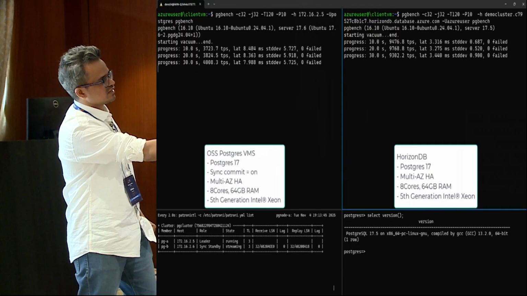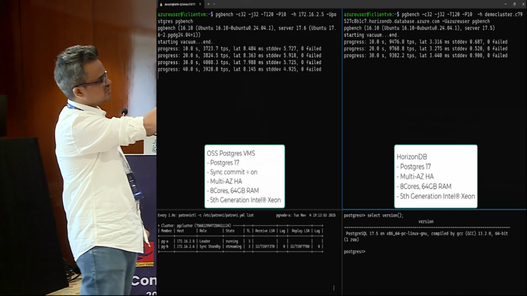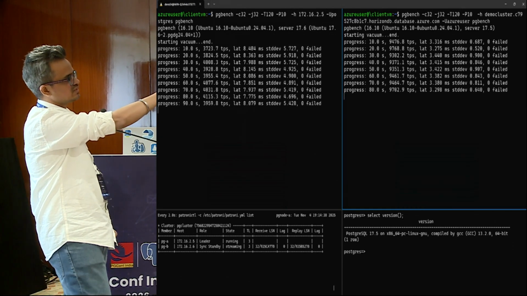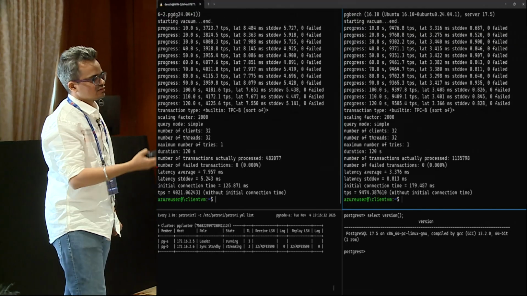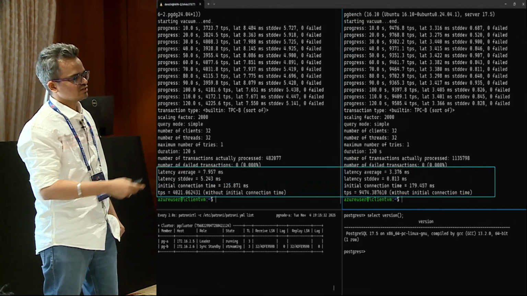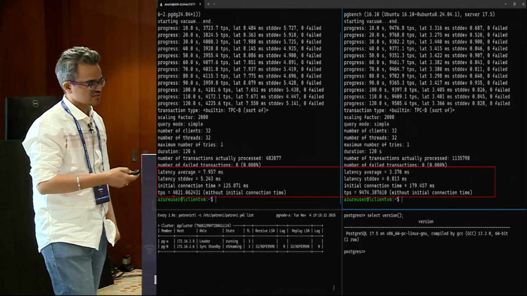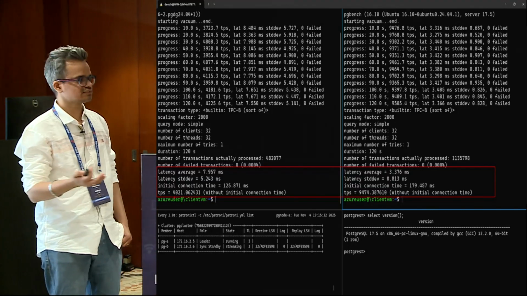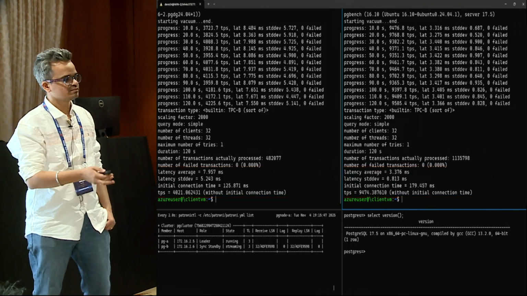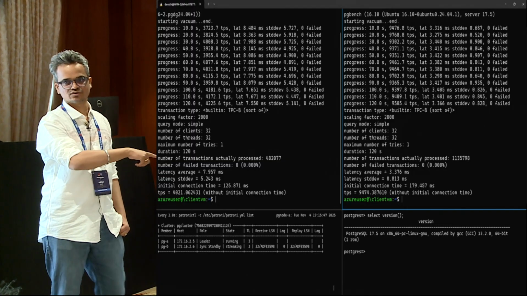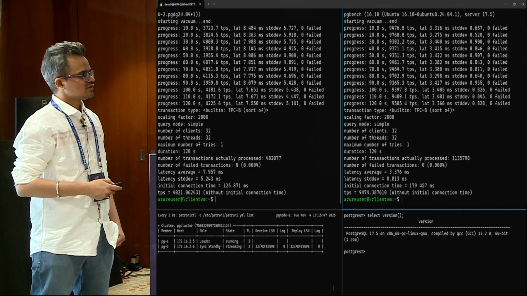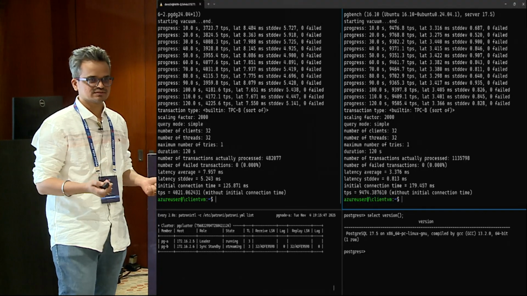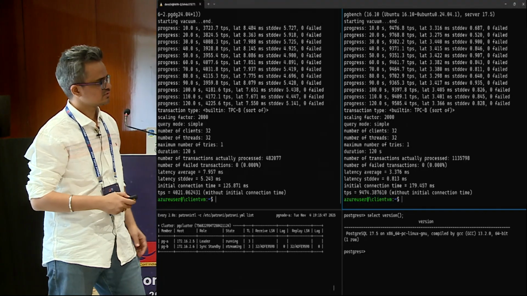You can see we are writing around 9k transactions per second here, whereas here we are writing roughly 4k transactions per second, and the commit latency over here is very low. It's in sub-milliseconds, compared to the on-prem Patroni, as we were discussing. Again, these are just numbers, not the actual ones, but we have tested it out.